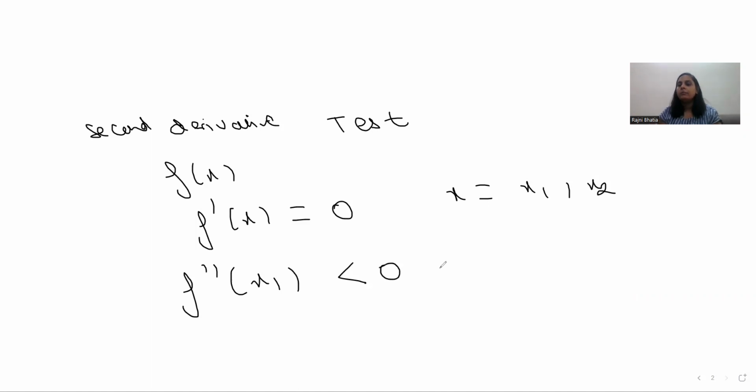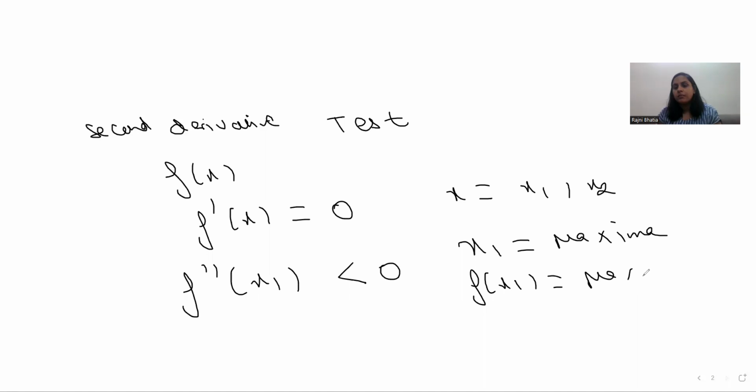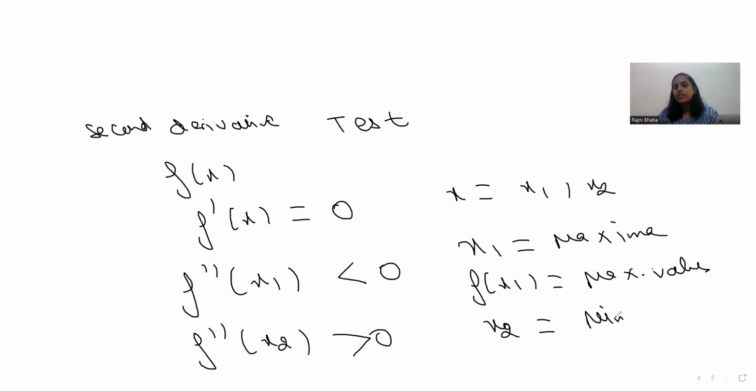If the double derivative at a particular point x1 is negative, then x1 is a maximum and f of x1 is the maximum value. If the double derivative at a particular point x2 is positive, then x2 is the minima and f of x2 is the minimum value. This is how we apply the second derivative test to find the maximum or minimum value of a function.